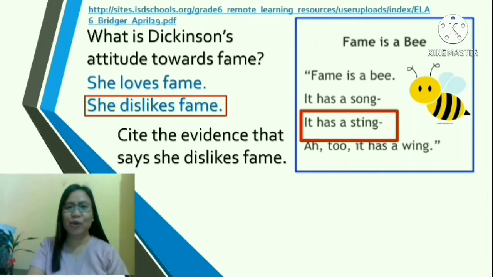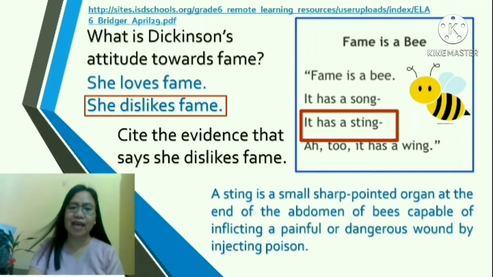All right. So it has a sting. That is the evidence in the short poem. And what is a sting? A sting is a small sharp-pointed organ at the end of the abdomen of bees, and that inflicts a painful or dangerous wound, injecting poison. That's again in your science. I know you have learned that.